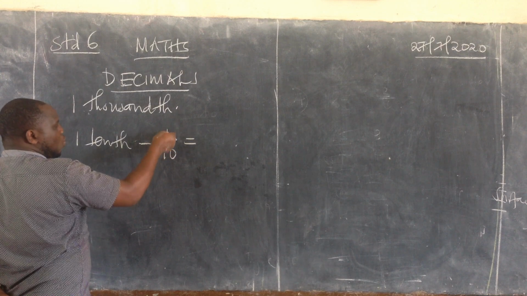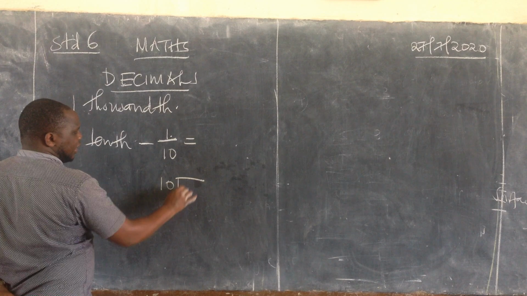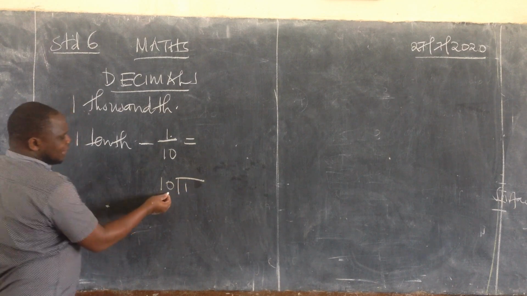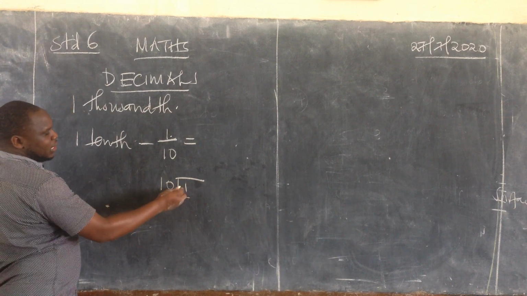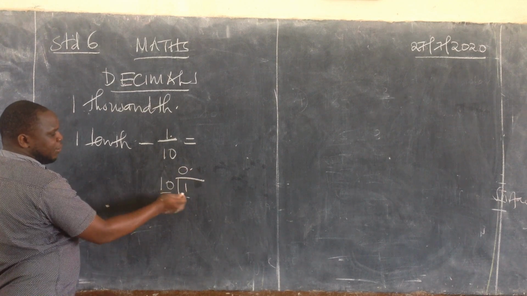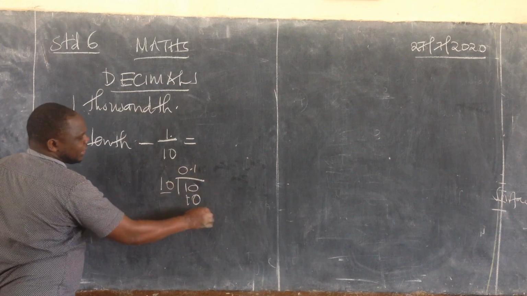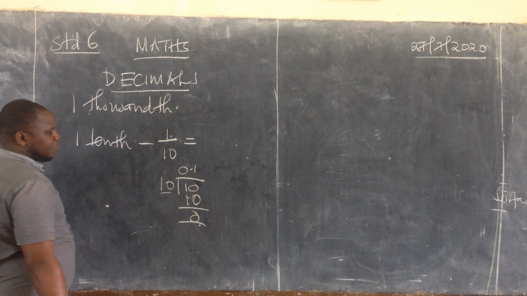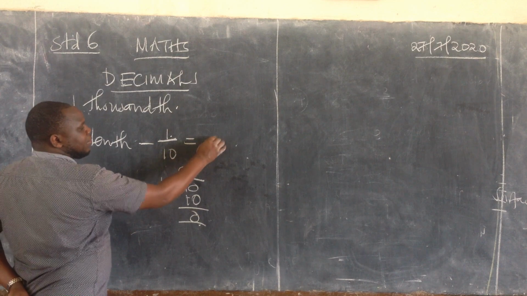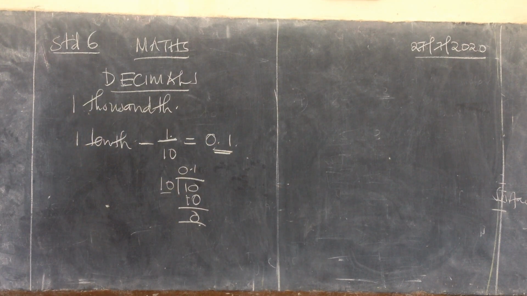If you are dividing 1 by 10, that means 10 is outside and 1 is inside. How many times does 10 get into 1? Zero times, you cannot. So we say 0 times, then you put a point and add a 0 there. 10 gets into 10 one time, and you get 0 remaining. So 1/10 simply means 0.1.